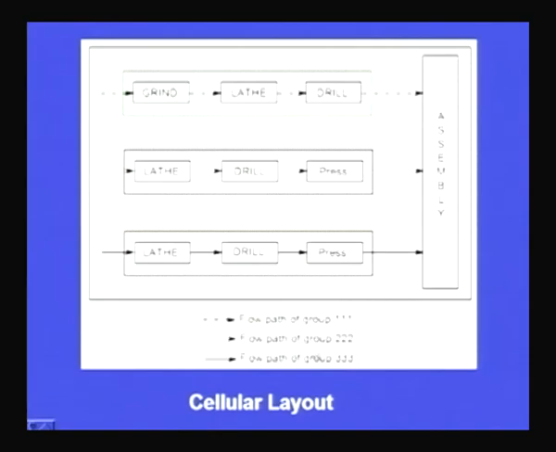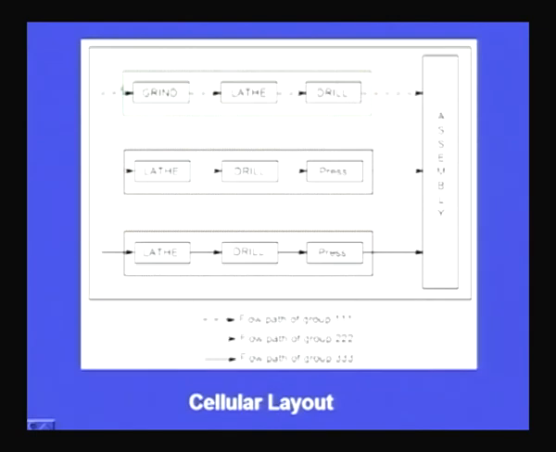Similarly, the flow path of group 222 is for another part family or product family which is going through this particular cell: lathe, drill and press. Then there is another flow path for group 333. There is another part family or product family following this particular path, and finally the sub assemblies here are assembled to get the final product.